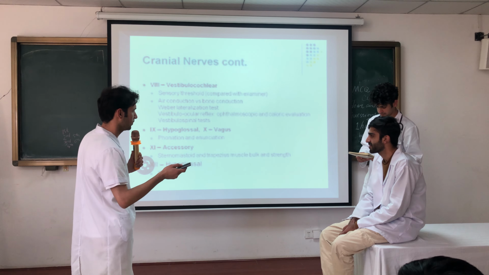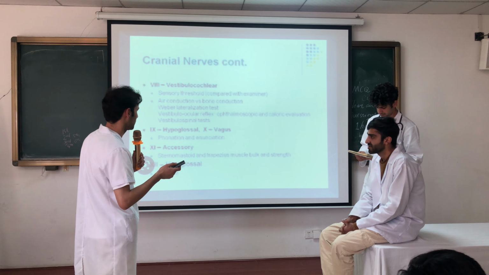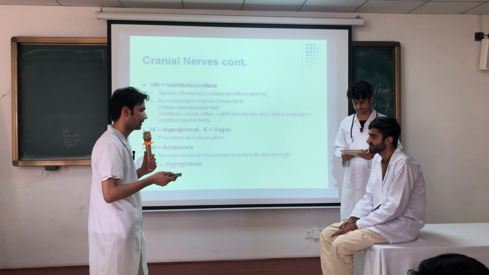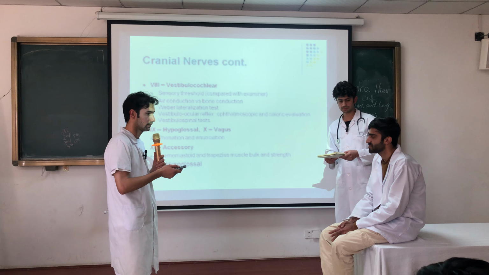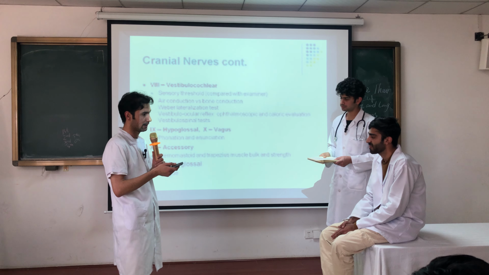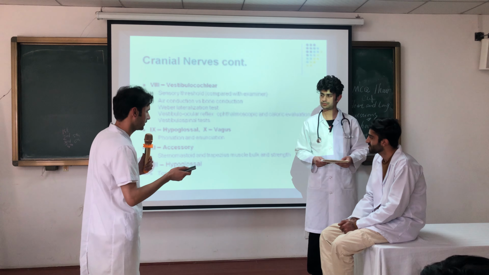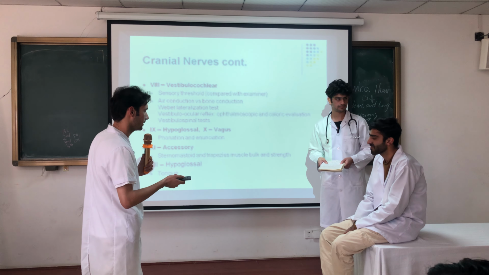But you can also check whether the patient hears normally or not. If there is some problem, we can also perform tests like the Weber test and the Rinne test to check whether it is conductive deafness or sensorineural deafness. We don't have a tuning fork here, so we may not perform it.